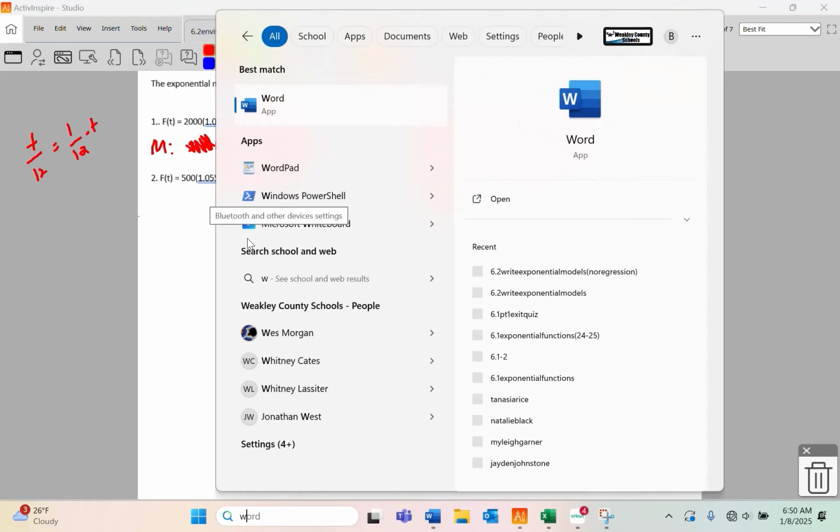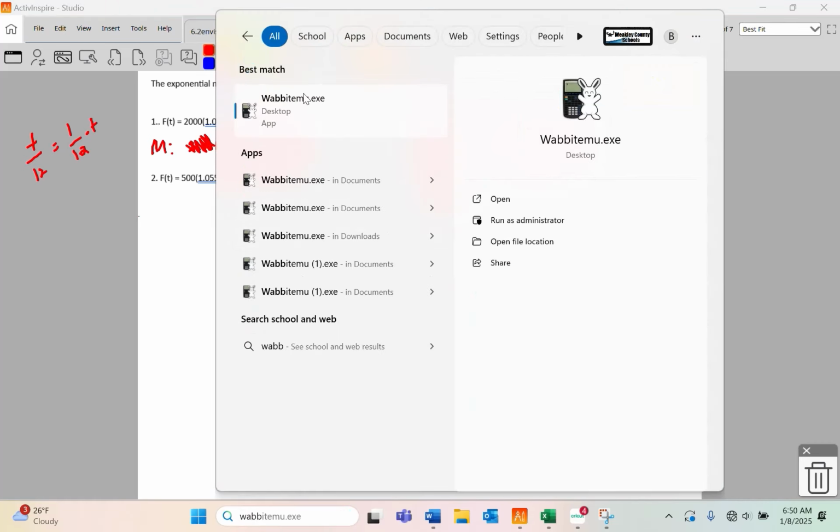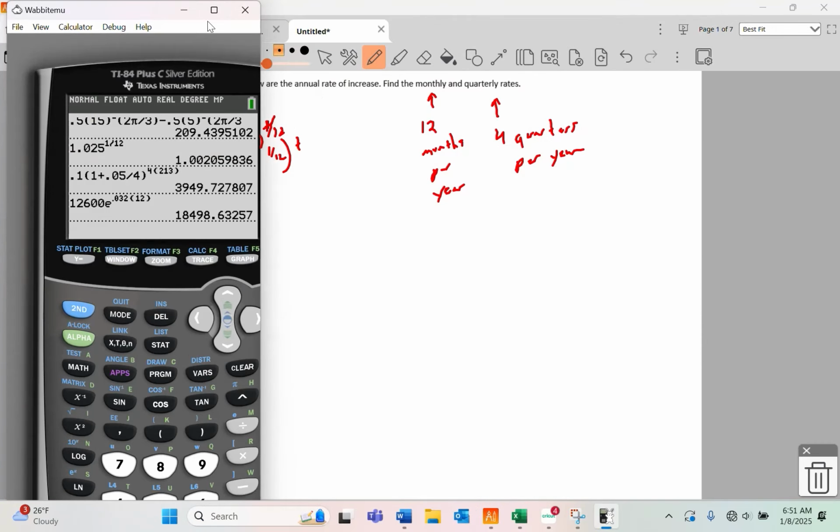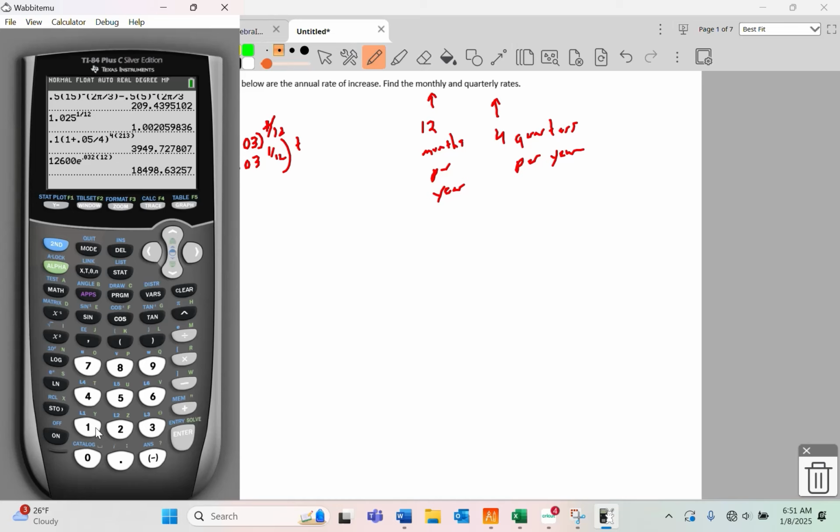So we're going to take our 1.03 and raise it to the 1/12th power, the 12th root, however you want to think about it. And that's a new number on the inside, 1.0025.